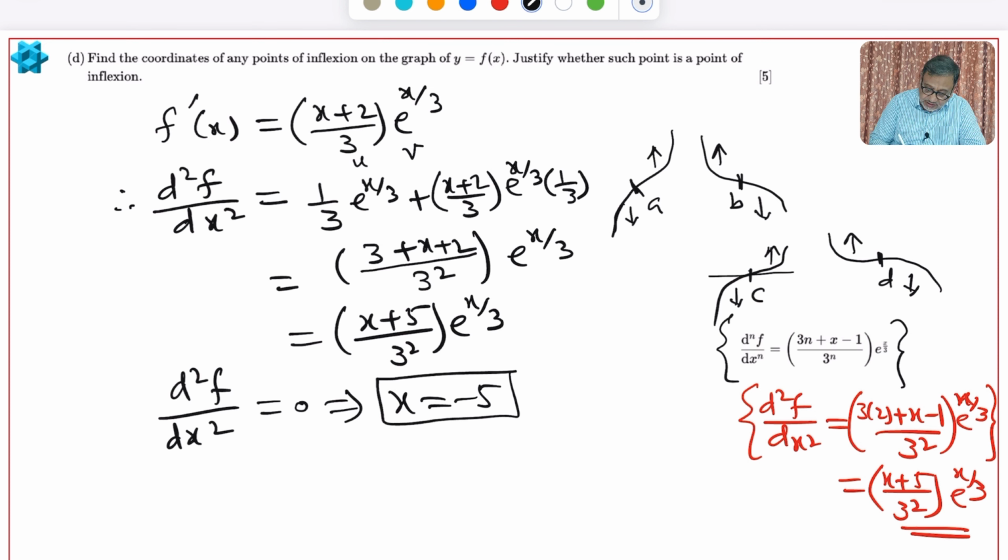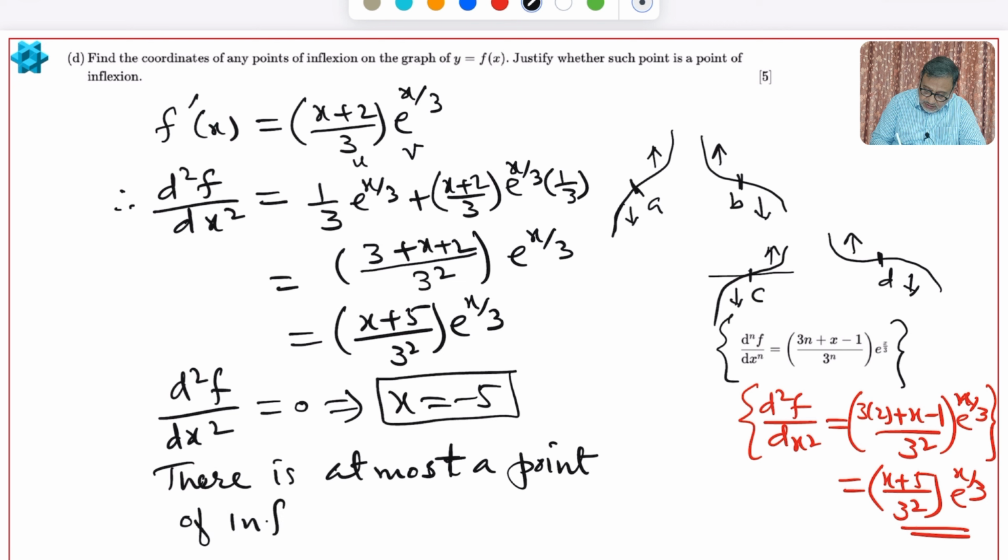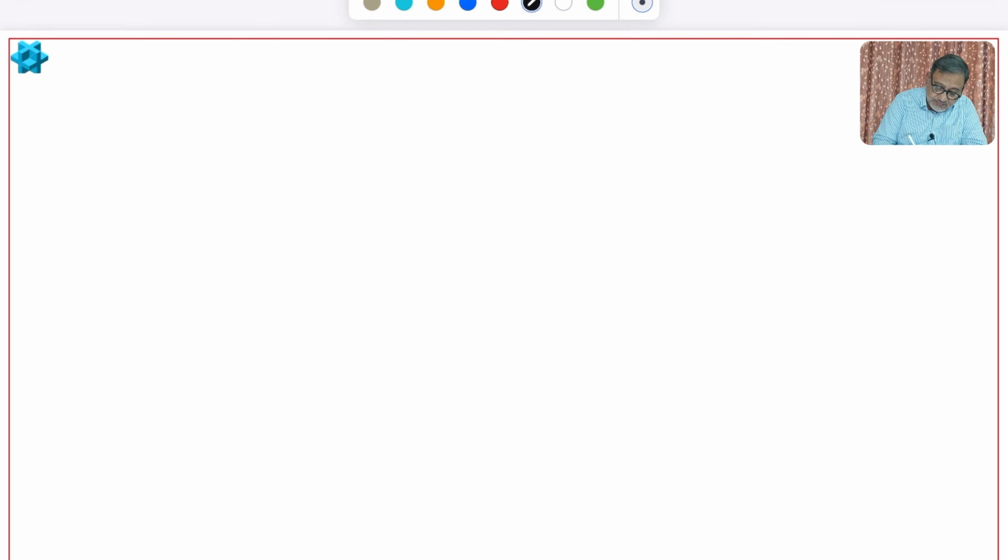There is at most a point of inflection, because when the second derivative is 0 we can only say it is a possible inflection, but we will check that using the concavity test.